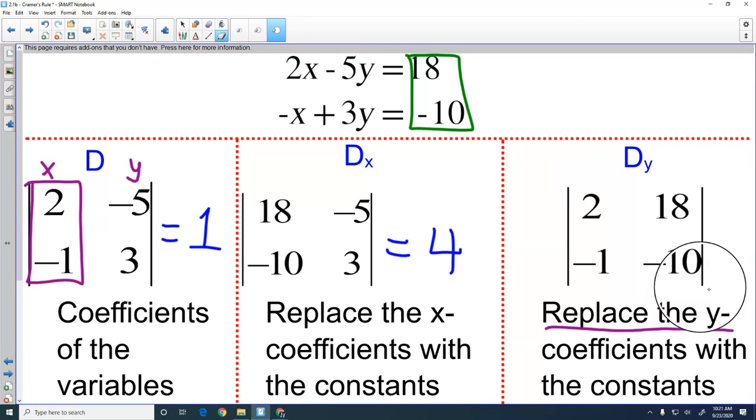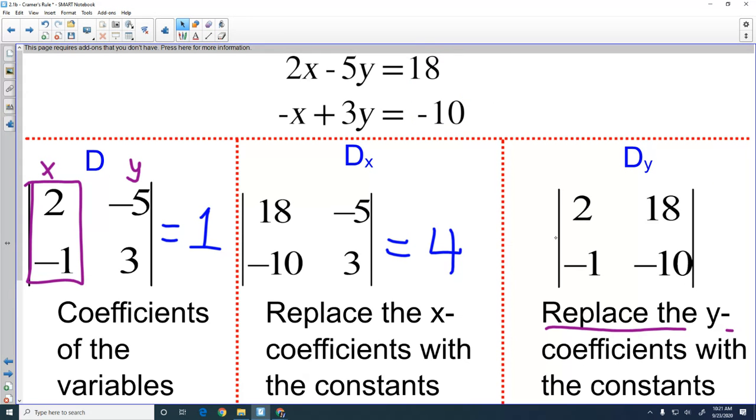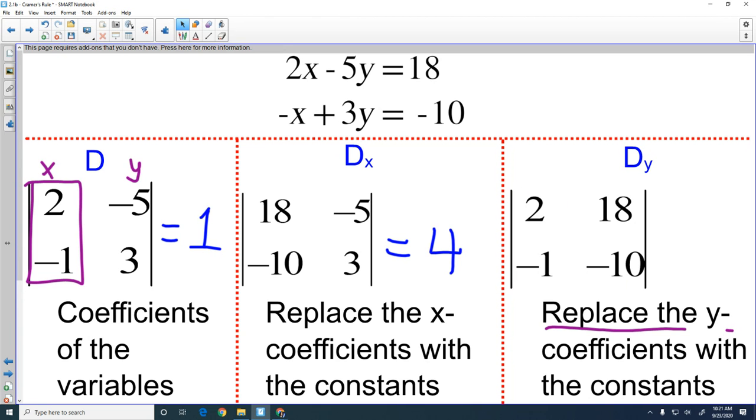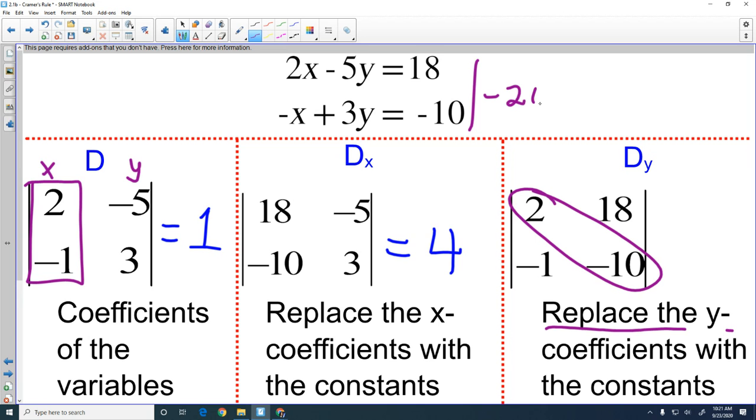So let's go ahead and calculate this determinant. Just like before, we're going to take the first diagonal and multiply it together. So 2 times negative 10 is negative 20. We're going to subtract that opposite diagonal, the negative 1 times 18, which is negative 18.